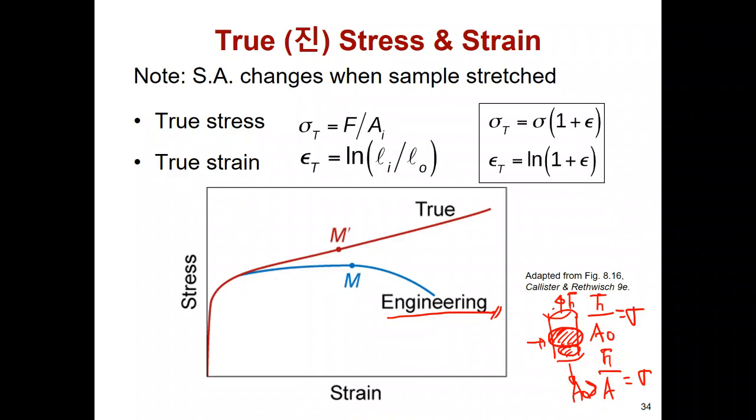The true stress is slightly increased due to this. So when we consider those area changes, we say that this is the true stress. And then true strain slightly differs, looks like this, and true stress and true strain have this relationship.